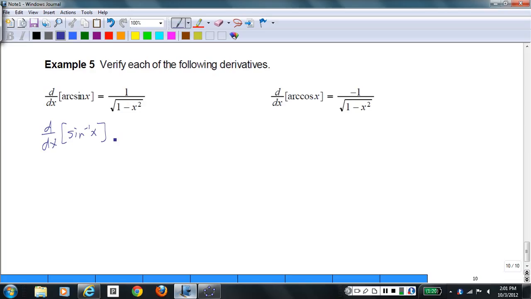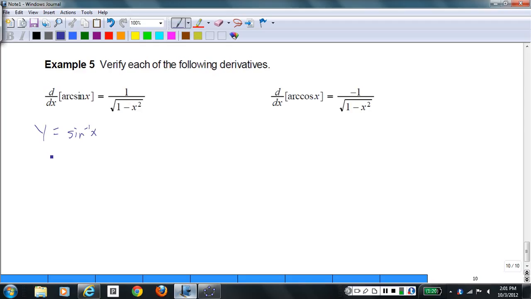Well, let's call this y. Let's say y equals the inverse sine of x. I want to find dy dx. Let's see what this is equivalent to.